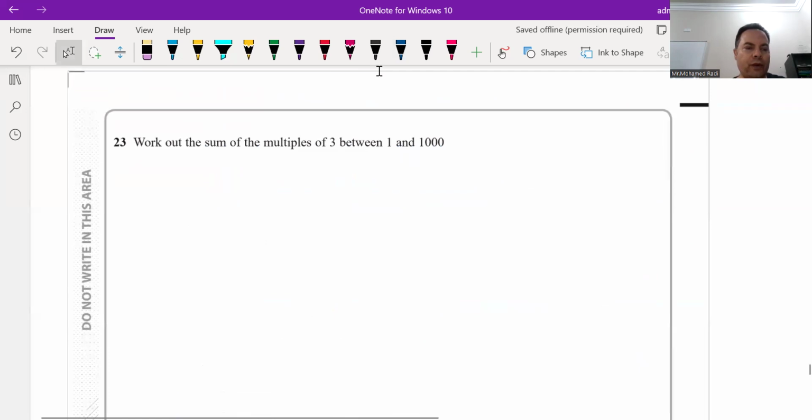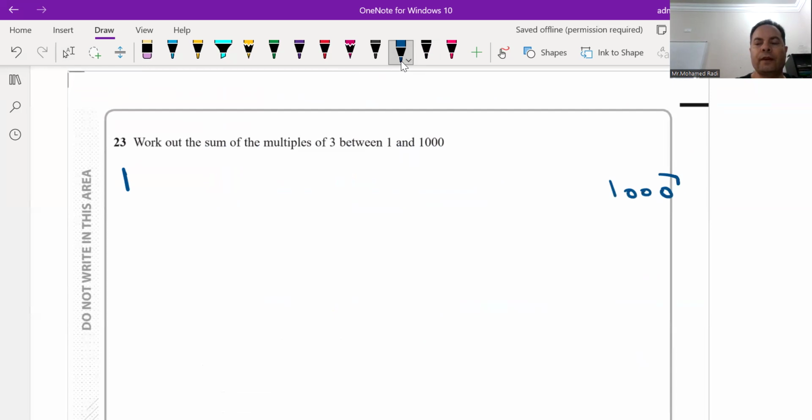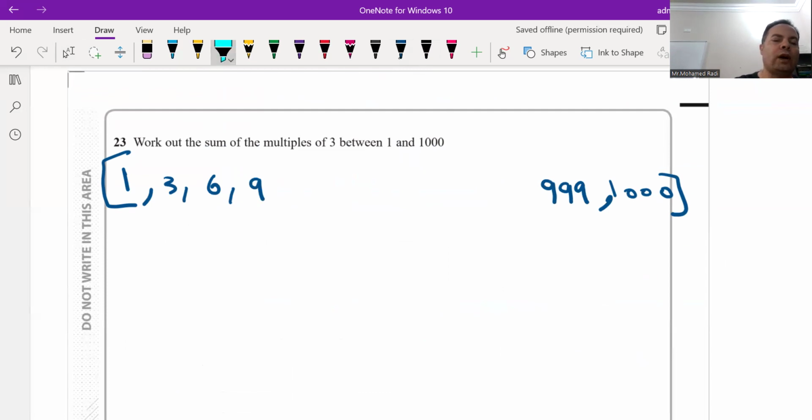Question number 23, work out the sum of multiples of 3 between 1 and 1000. The multiples of 3 are 3, 6, 9, and at the end 999. 1 and 1000 are exclusive because he asked for multiples between them; even so, 1 and 1000 are not multiples of 3.